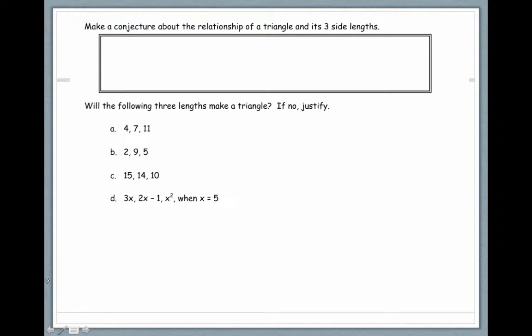So the first thing I'm doing here would be better if we had little sticks of all different sizes. So you can try this. If you have a bunch of pencils or sticks that are all different sizes, try to make triangles and see when you can.